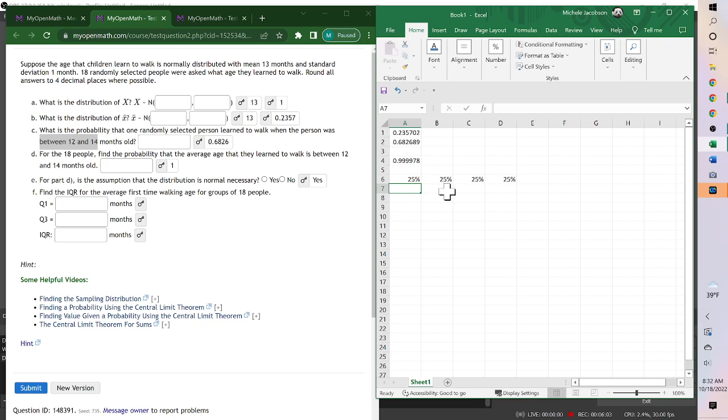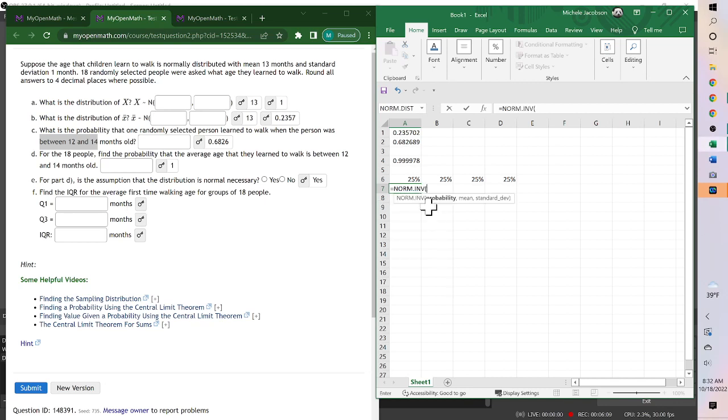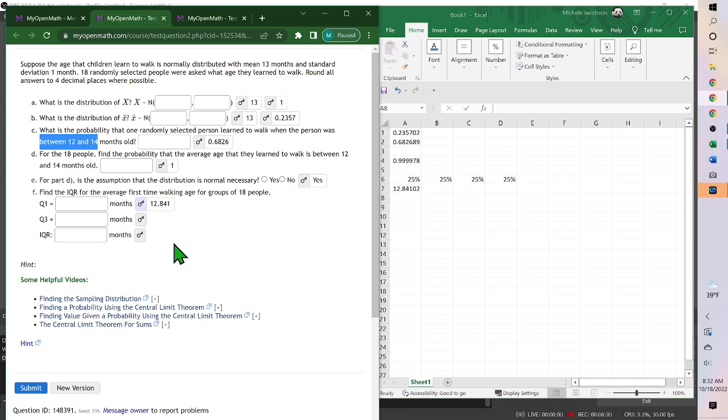And so equals norm, and then inverse. Probability, 0.25, comma, the mean, comma. And this was a sample, so we're using part B's standard deviation, 0.2357. 12.841.